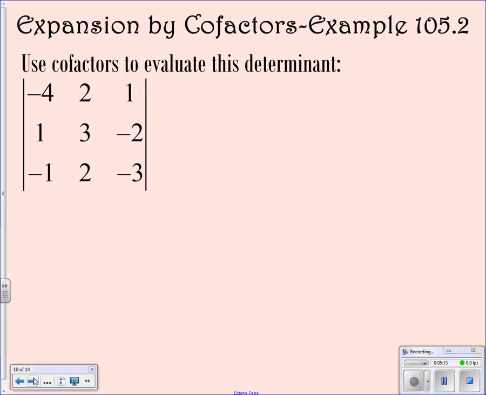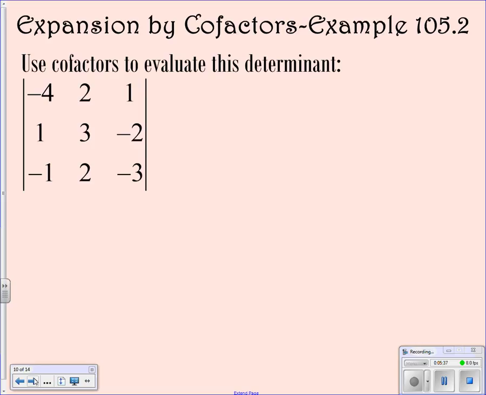The book picks the 3rd row. They're going to use the -1, 2, and -3 at the bottom. So I'm going to pick something else so that you can see, if you want, how they do it and how they get the same answer, even though they use different cofactors. So I'm going to use the 1st row here.